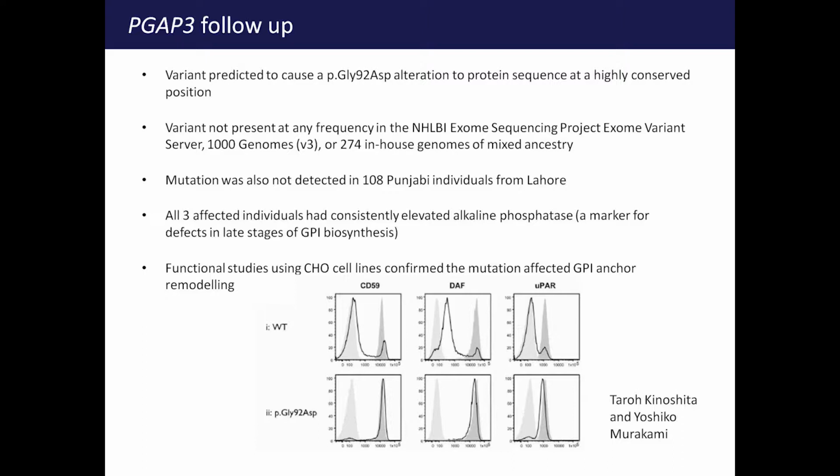We also collaborated with a group in Osaka, Yoshiko and Taro, and they carried out some FACS analysis on some CHO cell lines, and they confirmed that the missense change we'd identified did result in a functional loss of activity. You can see the black line is moving from the right to the left when you add the wild type cDNA, but when they're adding our mutation, the black line stays on the right hand side.